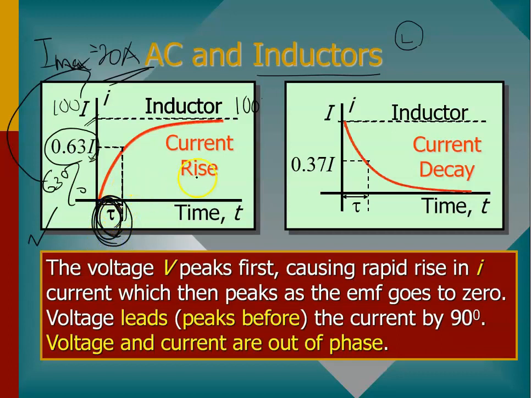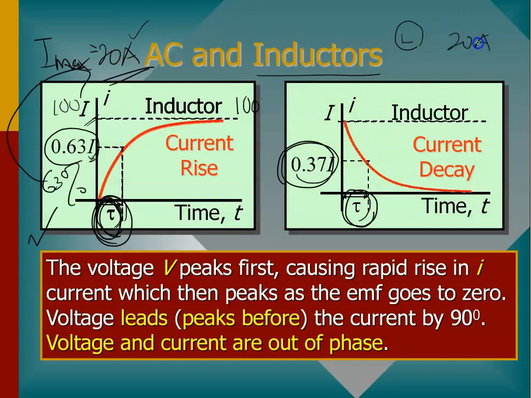And this is when the recharging process happens, and vice versa, when the discharging process happens, the time required to reach 37% of the maximum current is what we call the time constant. So once again, I take this number as an example.